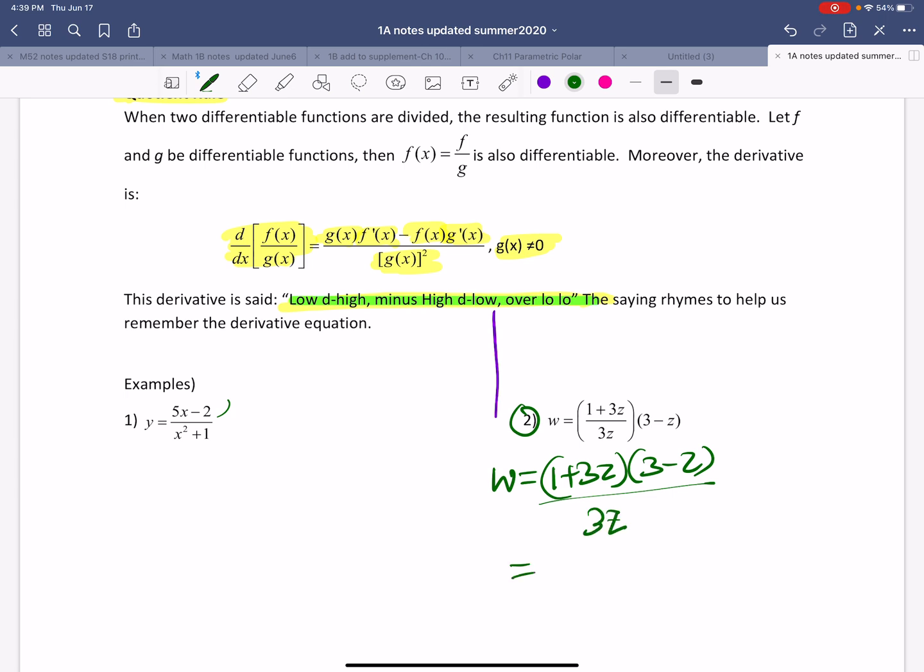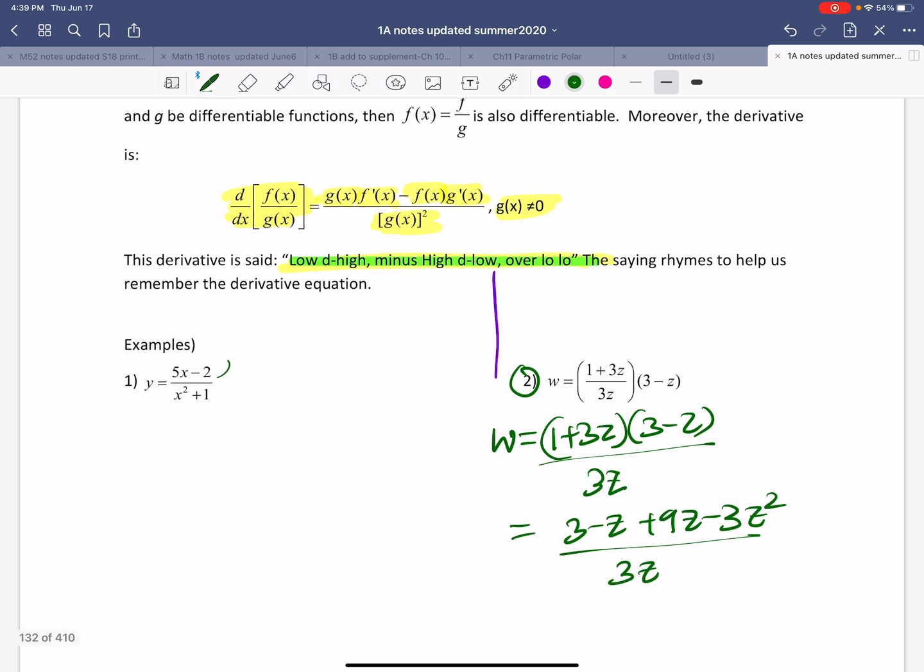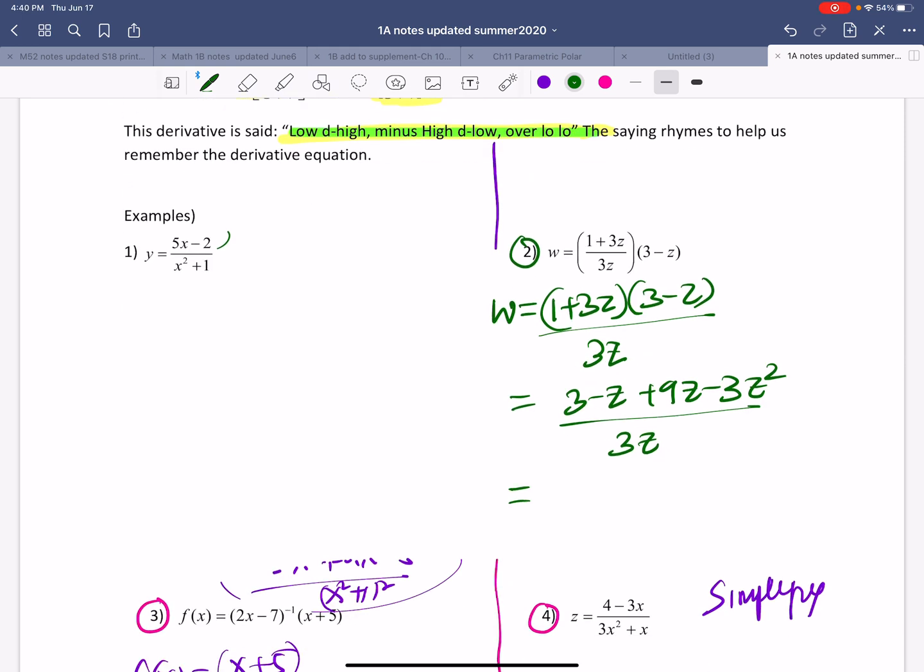So this will turn out to be (1 plus 3z) times (3 minus z), which will be 3 minus z plus 9z minus 3z squared, divided by 3z, which would be 3 plus 8z minus 3z squared over 3z.